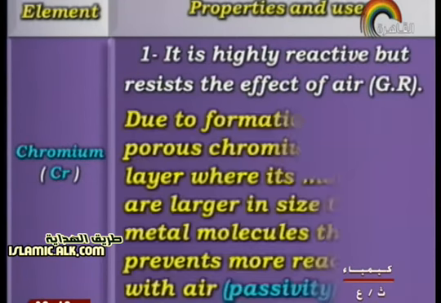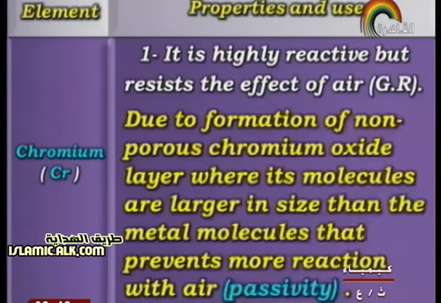The reason for that is the formation of a non-porous chromium oxide layer on the surface of the metal, whose molecules are larger in size than the metal atoms, which prevents further reaction with air, which we call passivity. So my dear students, if we are going to define passivity, it is the formation of a non-porous layer of the metal oxide on the surface of the metal that prevents further reaction.